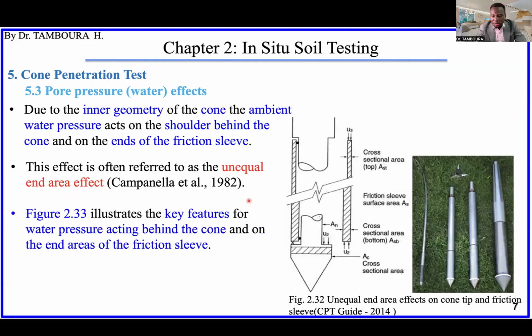In this figure, I think you remember these different sizes of cones. If we look at the geometry inside the cone, we make it like this so that we can see clearly what is inside.